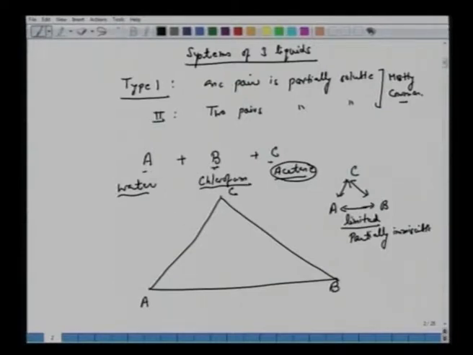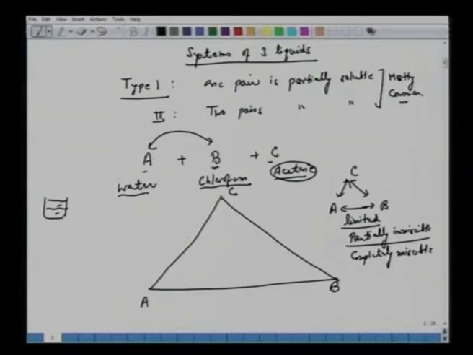But when we mix water and chloroform, then in small batch experiments we see that they get separated out like this. So we are using the words partially immiscible and completely miscible, and then we are trying to make a phase diagram here.